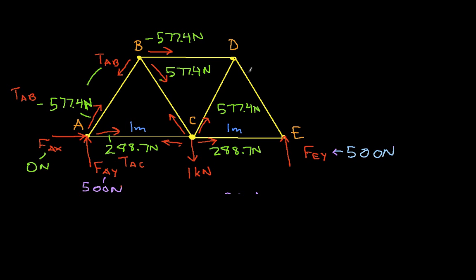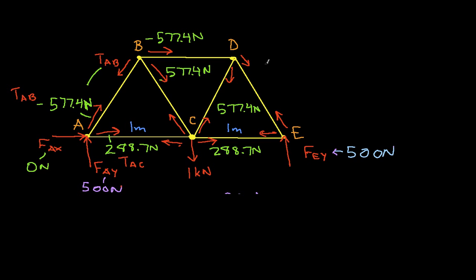We'll go through the whole thing in brutal detail. The thing to note, though, is that I have only one unknown left. We have found all of these guys that I've drawn arrows for so far. So now the only thing left to find is TDE.